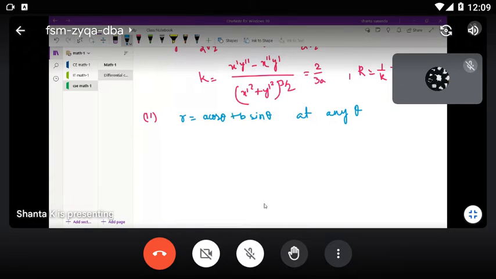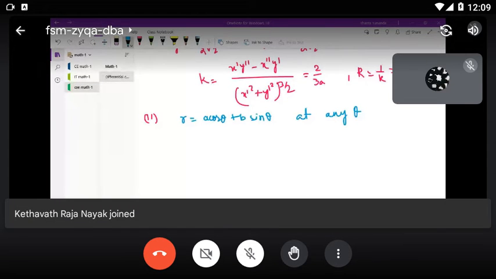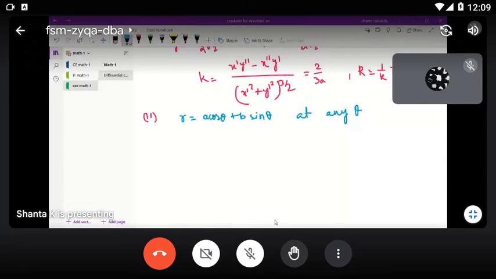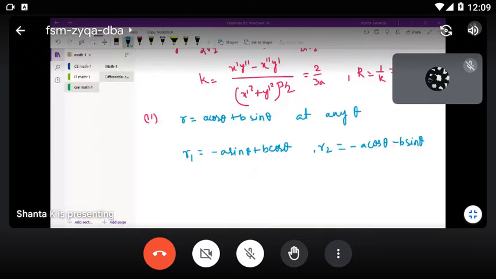So how did you do it? Find r1, r2, then the curvature. So what are r1 and r2? r1 is the first order derivative and r2 is the second order derivative.